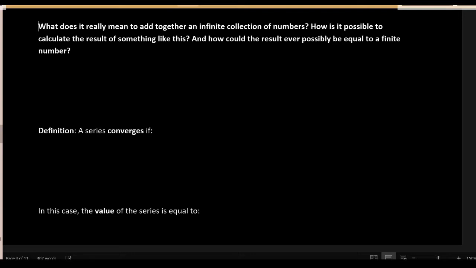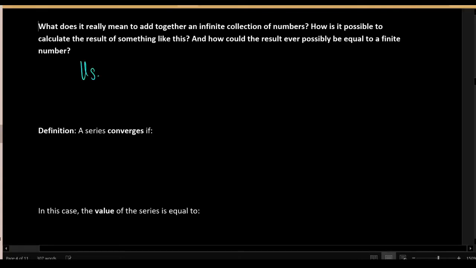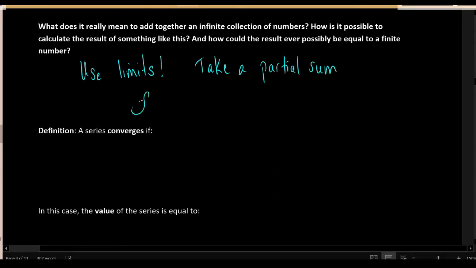And the answer, basically any time we're working with infinity, is to use limits. The idea is to take what are called partial sums. Take a finite sum where you add only the first n terms of the sequence.